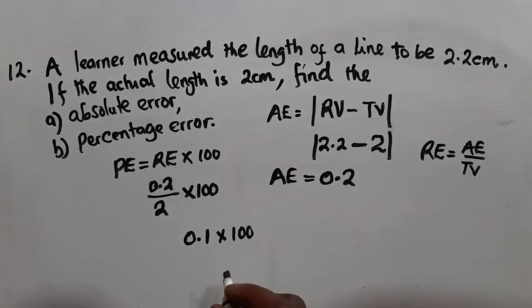So what do we get here? This is going to give us 10. So we are going to get 10%. I hope that is what you are also getting.